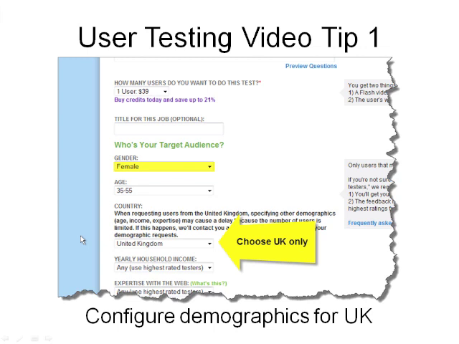Now the risk with that is not just that they may or may not be appropriate to testing your site, but the other great problem is that one of the uses of these videos is to show other people on the team or within the organization what's going on the site. And if they detect that these people testing the site are in some ways not appropriate, then you're going to undervalue the site. They'll devalue the test. They'll lose a bit of credibility. So I'd suggest choose UK, but also choose female.